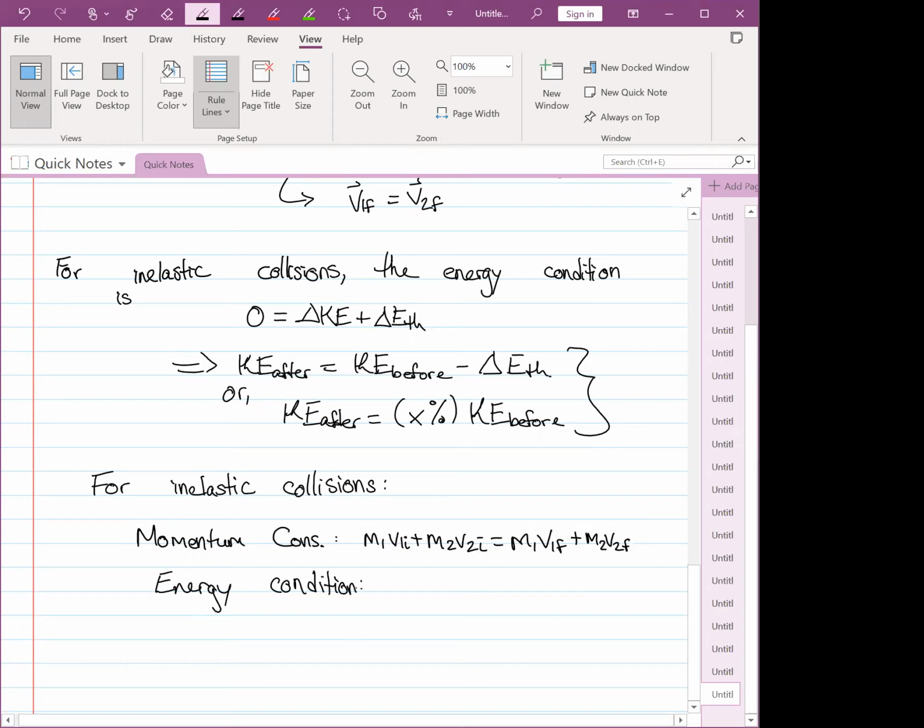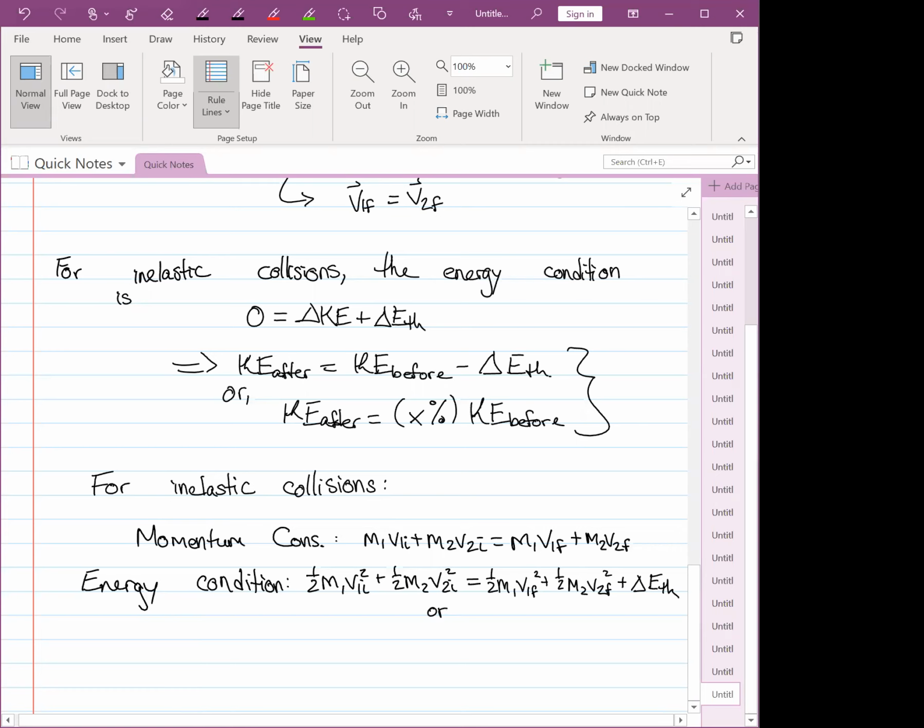So it's either 1/2 m1 v1i squared plus 1/2 m2 v2i squared equals 1/2 m1 v1f squared plus 1/2 m2 v2f squared plus delta E thermal. And sometimes that delta E thermal will be given to you, or maybe you want to find it. Yeah, and I know the subscripts are annoying.